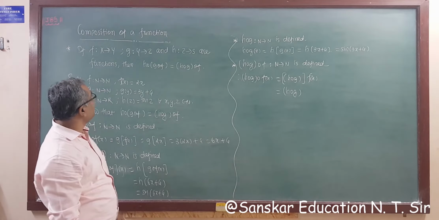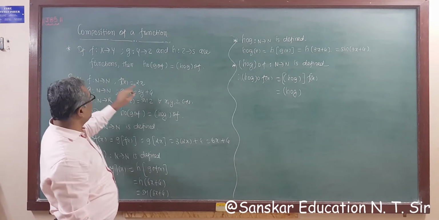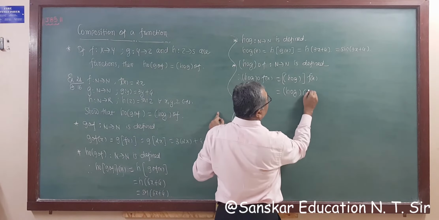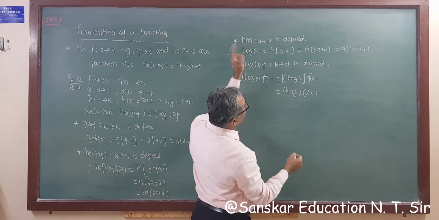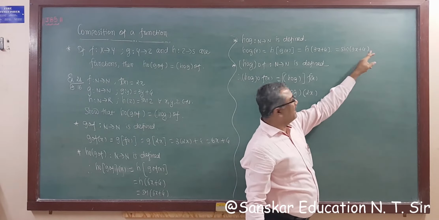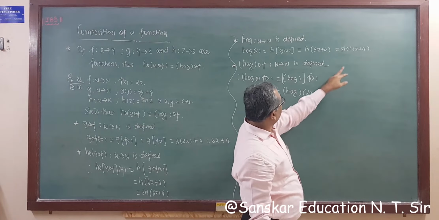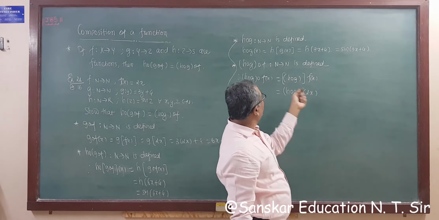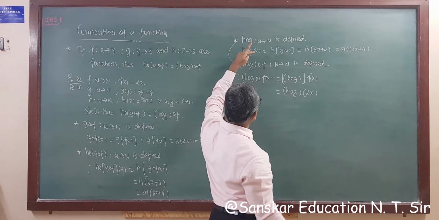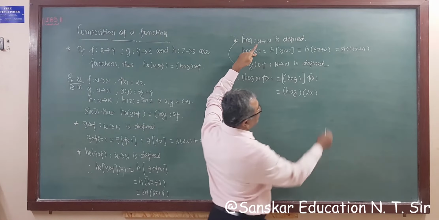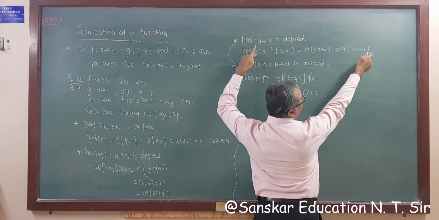Now f(x) is defined as twice x, so this is 2x, and h over g of x is sine of 3x plus 4.